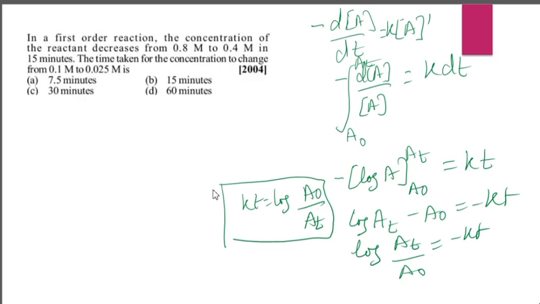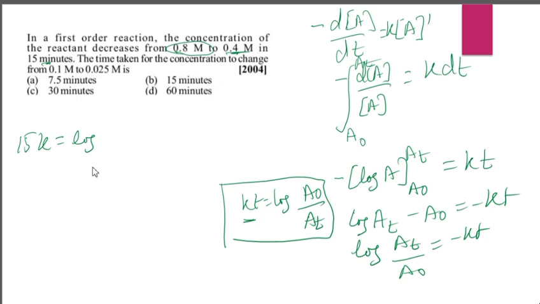See what it says. Rate constant we don't know, we know the time, that is 15 minutes, and a naught is 0.8 and at is 0.4. So we will write 15k equal to log, no, for this particular question we will not use log 10. We will use it without log 10. Why? Because we will use log 10 when they ask us to find the time.